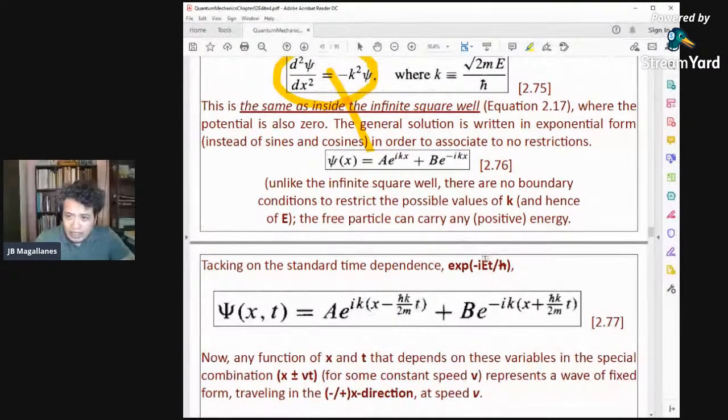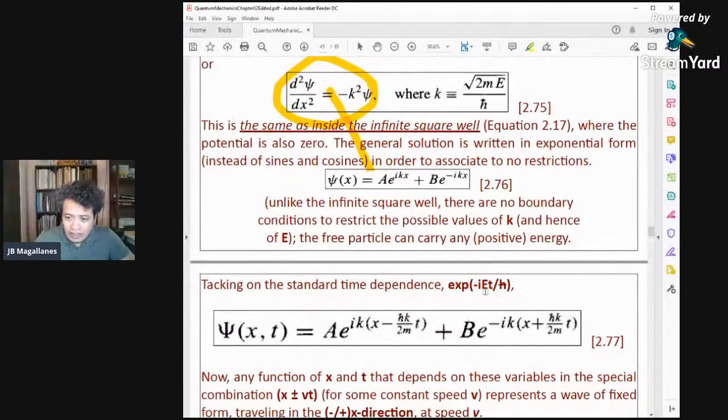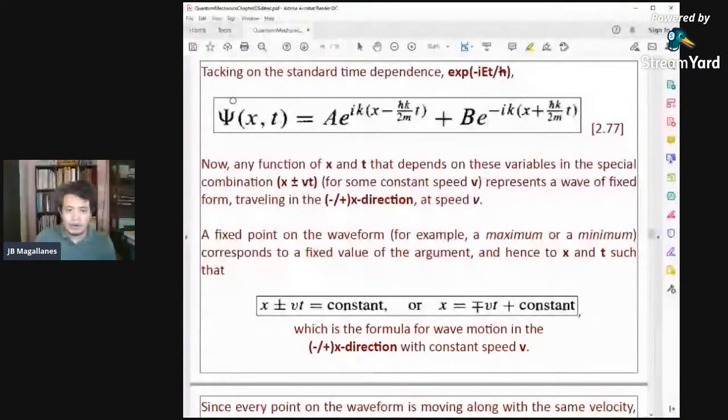By the way, for the energy E, you can just use this expression so that you will have h bar k squared over 2m as your energy. If you put k here, this becomes k squared. So this is a kind of wave, a time dependent wave function.